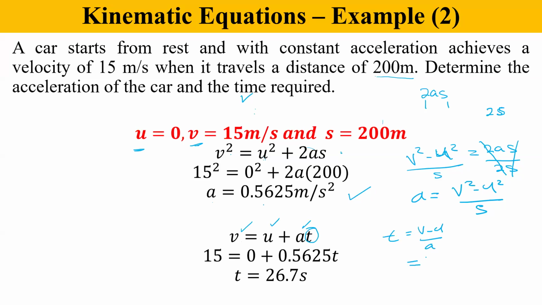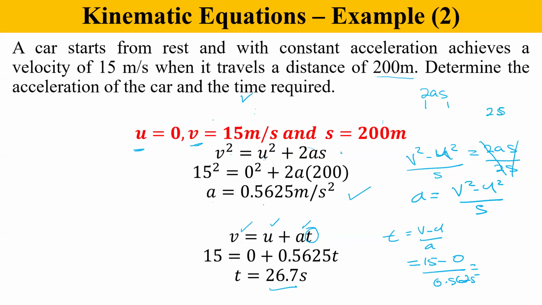So your final velocity was 15, your initial is 0, divided by your acceleration that you got, 5.625. And of course, you need to put in your unit because your time is there, and you get your answer, which is 2.67, right? So that's simply how that is done, right?